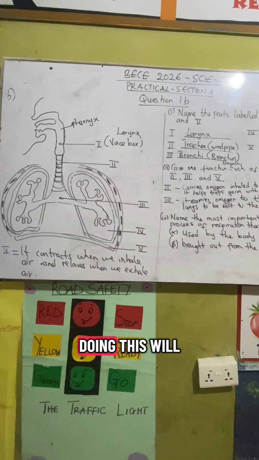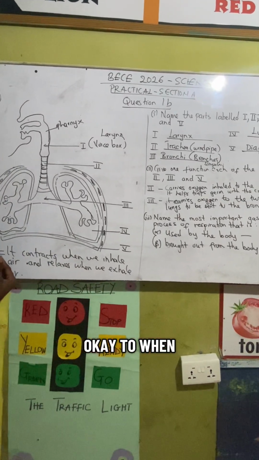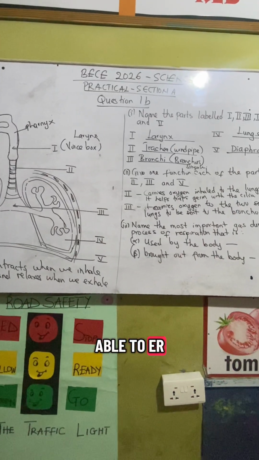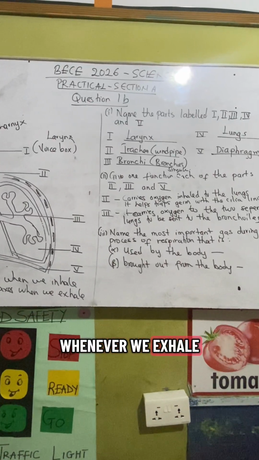As simple as that. Doing this will award you your mark, because that is what it does. It contracts when we inhale air to allow the air to move into the lungs. Then it also relaxes whenever we exhale air.